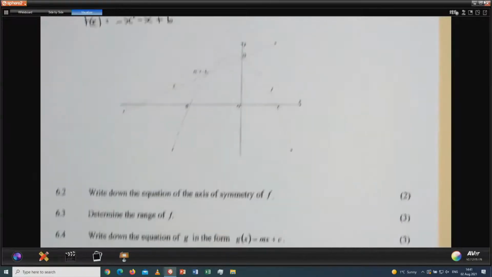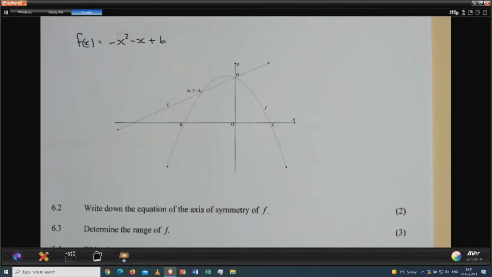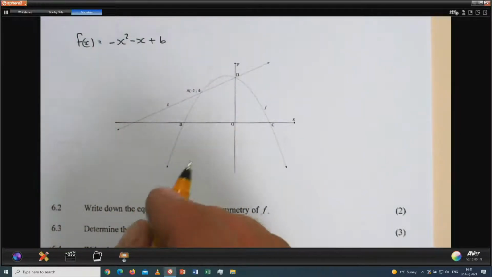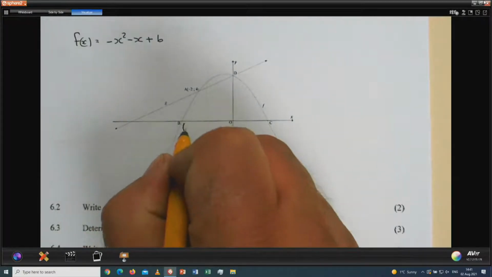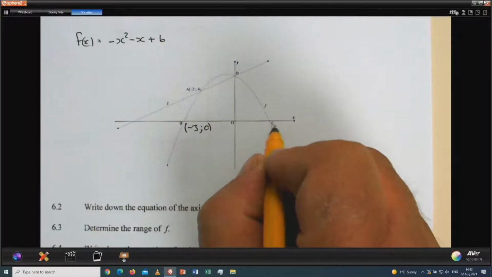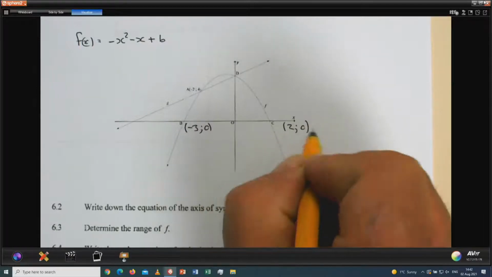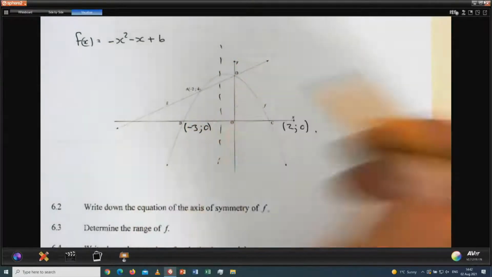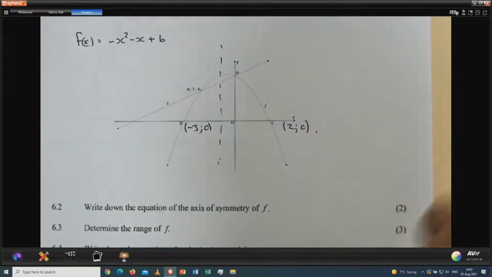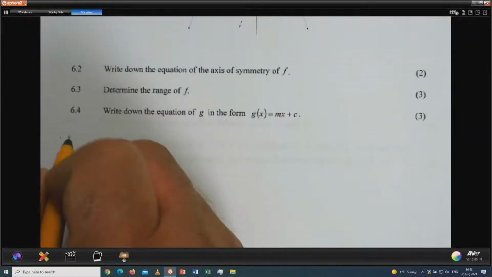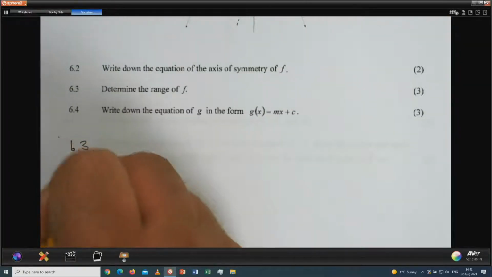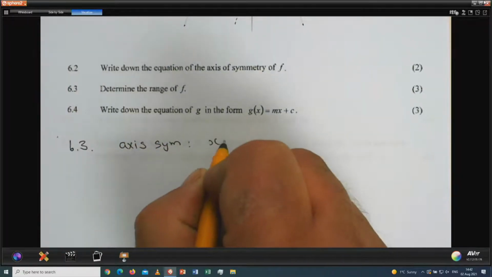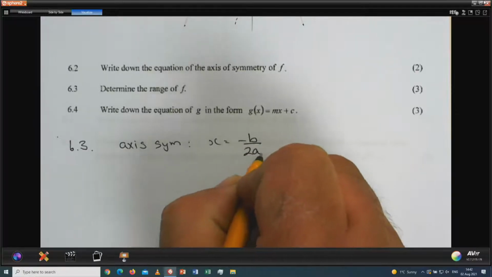But in your next question, which is 6.2, remember f(x) is given by the formula -x² - x + 6, and we said B's coordinates are (-3, 0) and C is (2, 0). Let's write down the equation of the axis of symmetry. The axis of symmetry is x = -b/2a.